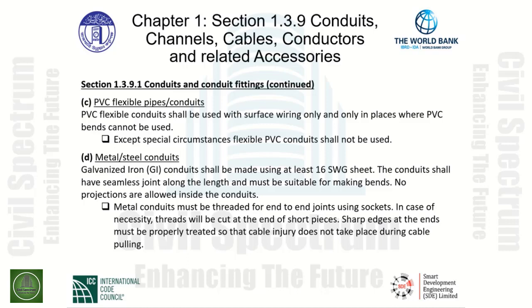In other words, we must file down the inside edges due to the burr that is on the conduit of metal conduits. When we cut the conduits, we must make that smooth such that the cable does not get damaged while pulling the wire through the conduit that we call galvanized iron conduit.